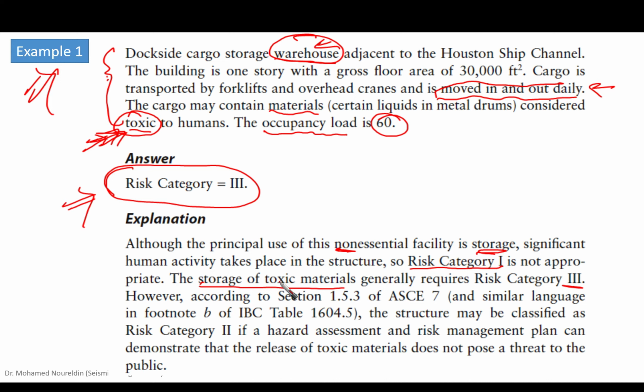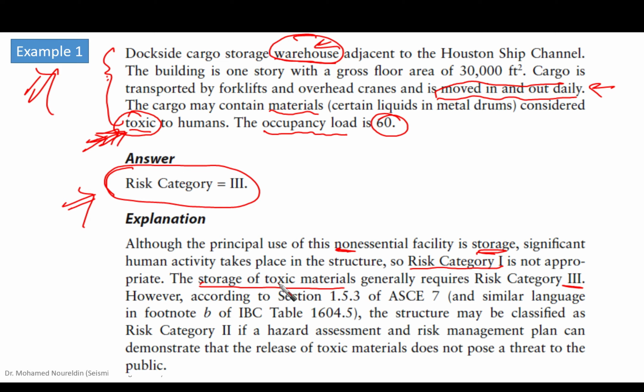Take care between storage of toxic materials and the hazard, or we can say the release of this toxic material itself, and whether it poses some threat to human beings and the public or not. That's an important issue. So maybe it is toxic material, but if it's released, it's not going to pose any kind of threat to the public, right?